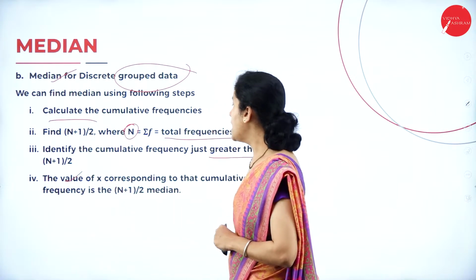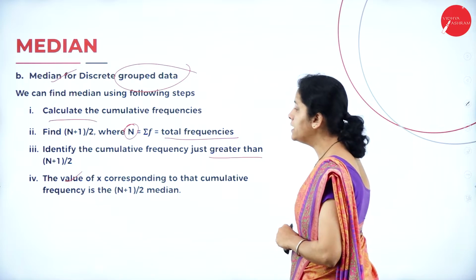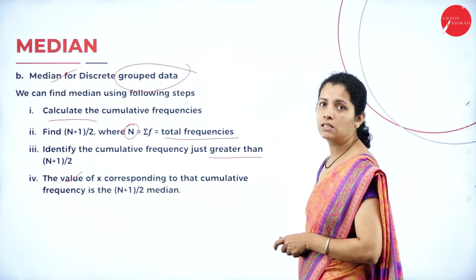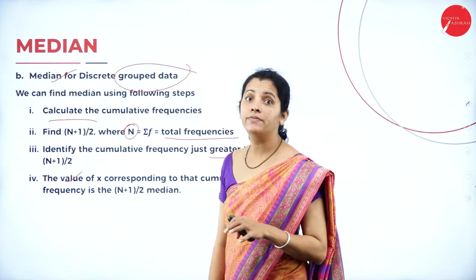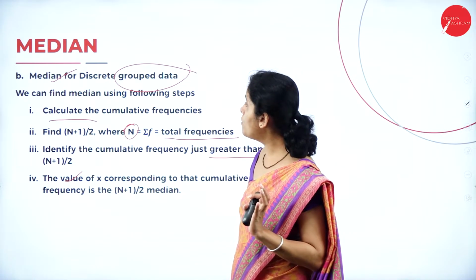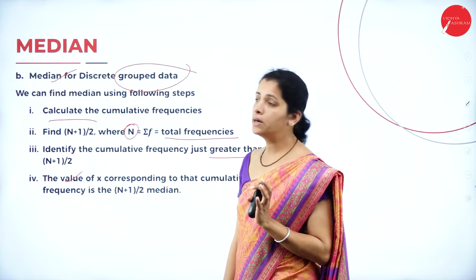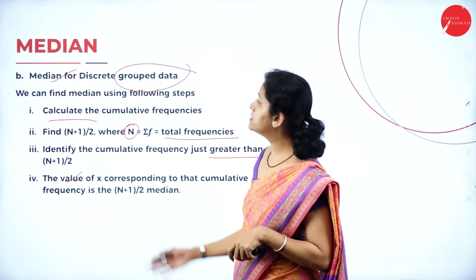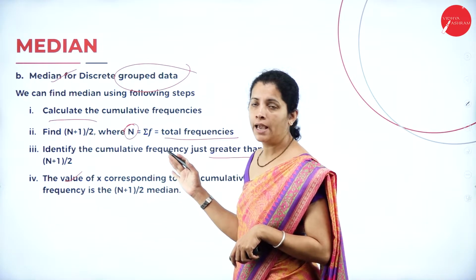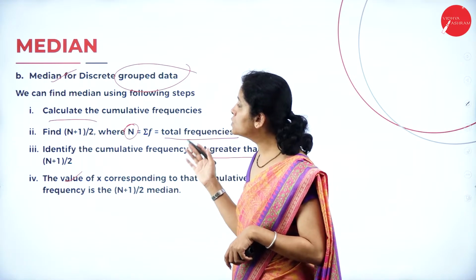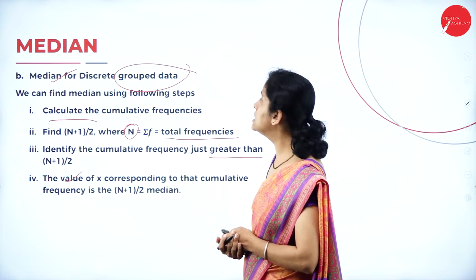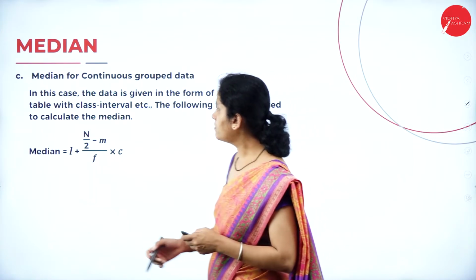The value of x corresponding to that cumulative frequency is the median. So dear student, if the given problem is in the form of discrete group data, then I have to consider all the steps. Anyway, we are going to study how to solve the problems under discrete group data.